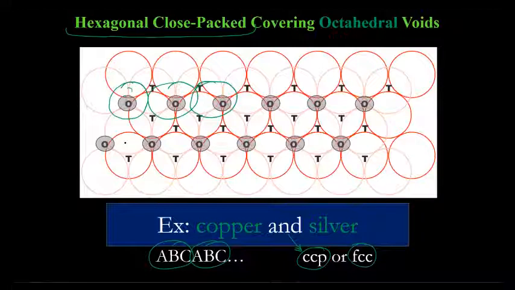Copper and silver. Now, before I move forward, just write in the chat box, what were the examples for ABAB type, hexagonal close packing covering tetrahedral voids? What were the examples? Okay, Preeta, Shashwat, Ashish, Shwangi, good. Mehak, Arohi, Armina, Vanna, Sudipta, Yastika, good.